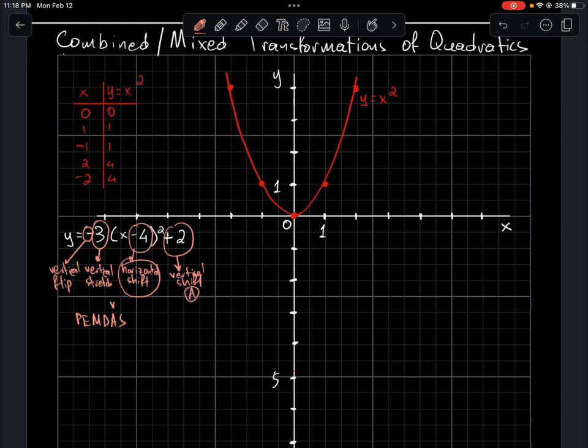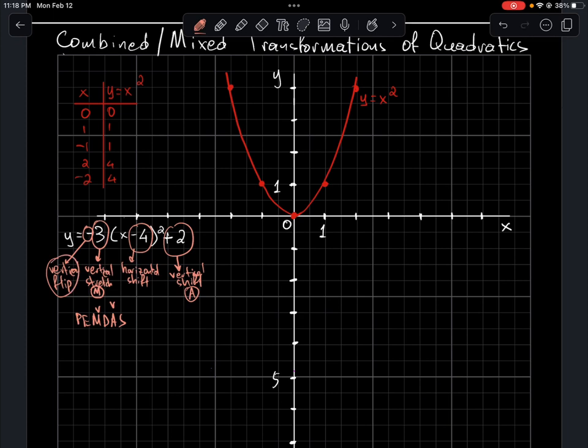But because it's by itself, I can put it in whatever order. It's not part of the PEMDAS. The vertical stretch is 3 times something, so that's a multiplication, and I have an M in the PEMDAS. Obviously multiplication goes before addition.